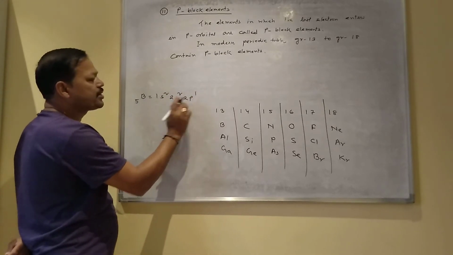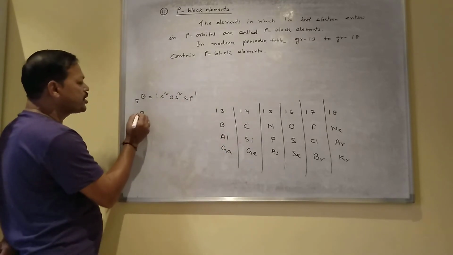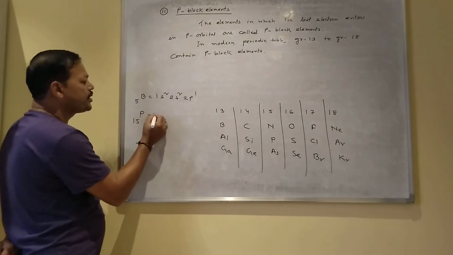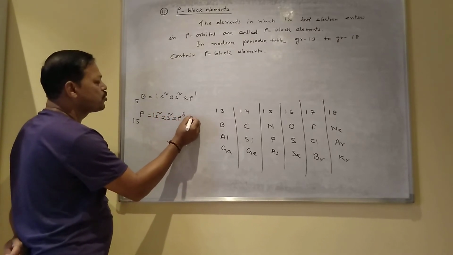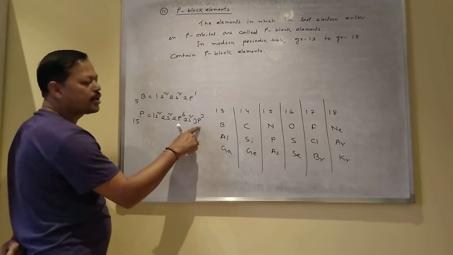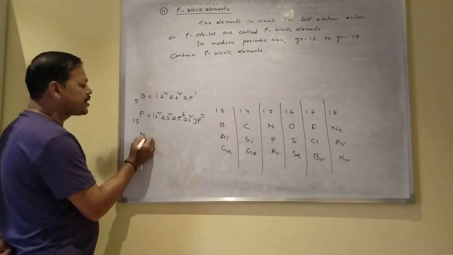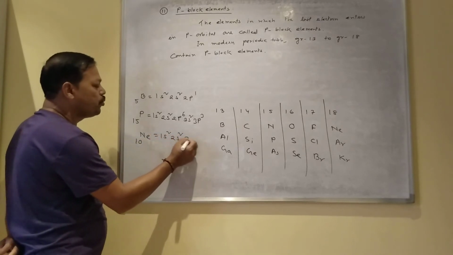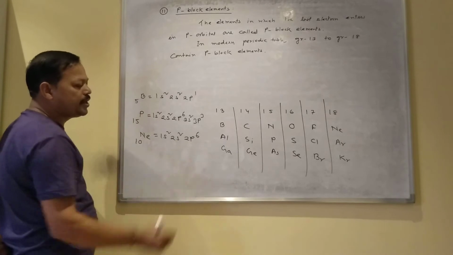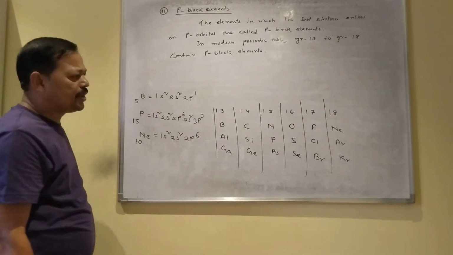The last electron enters P, that's why it belongs to the P block. Phosphorus, 15: 1s2, 2s2, 2p6, 3s2, 3p3. Here also the last electron enters P, so it is P block. For a noble gas, suppose 10: 1s2, 2s2, 2p6, last electron in P. So these are called P block elements.